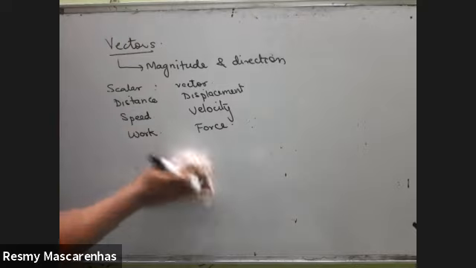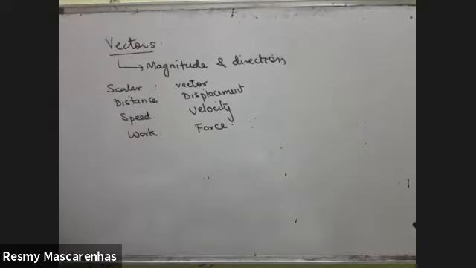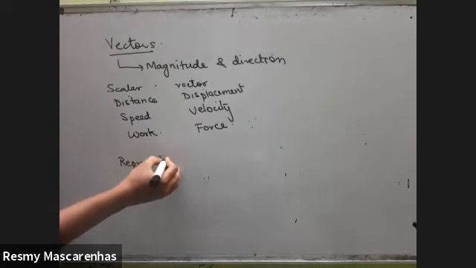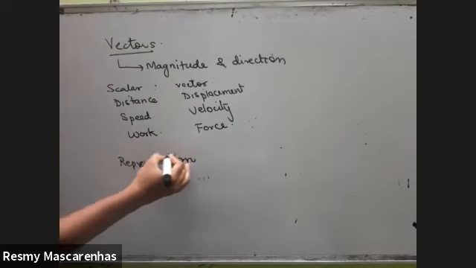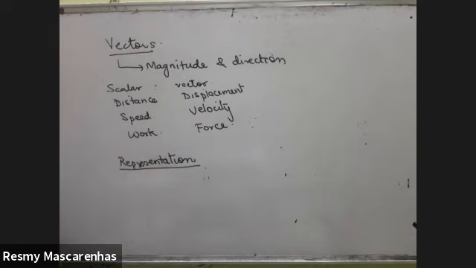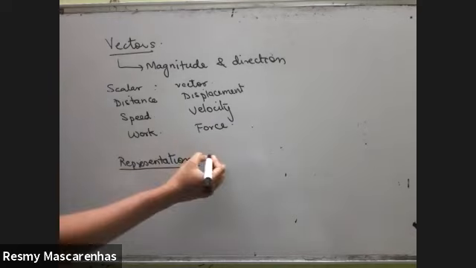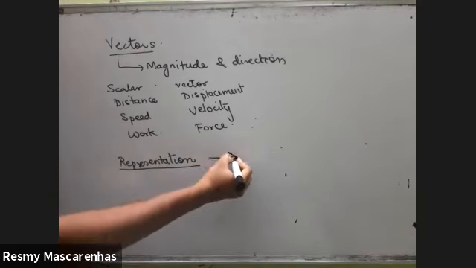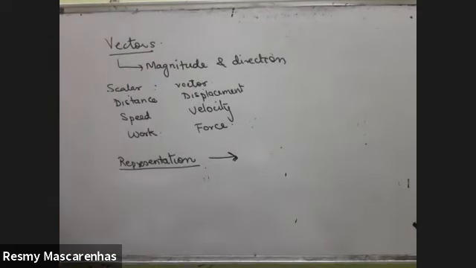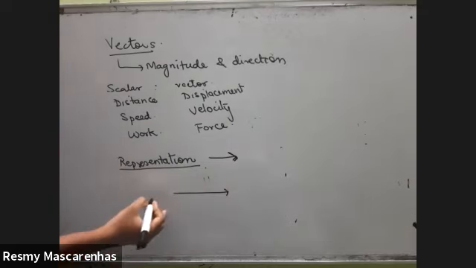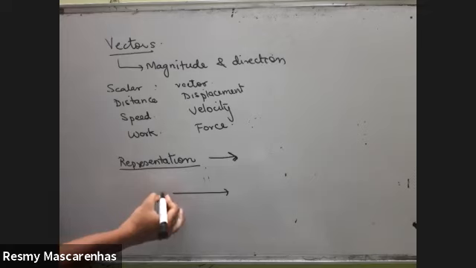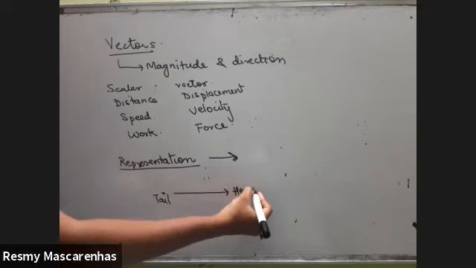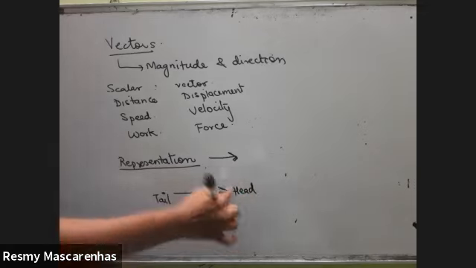How do we represent a vector? What is representation? It is always represented by an arrow, I told you. So this arrow will always have a tail. This part is called the tail. This part is always called the head. Whichever has the arrow is the head part.